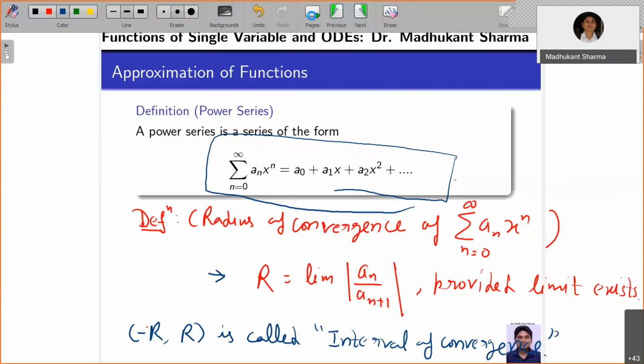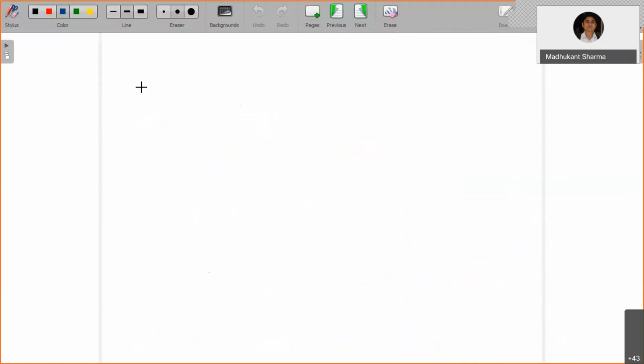So look at the part here. Consider the power series summation a_n x to the power n, n equals 0 to infinity.